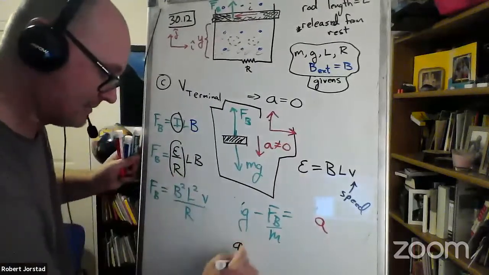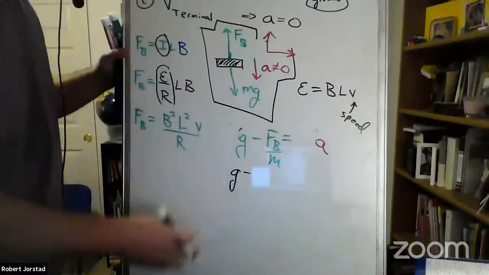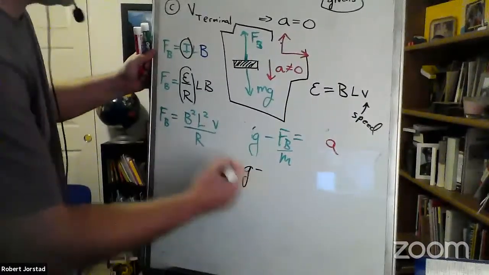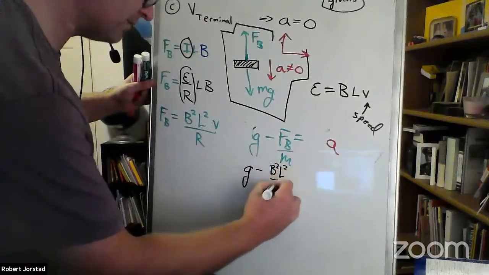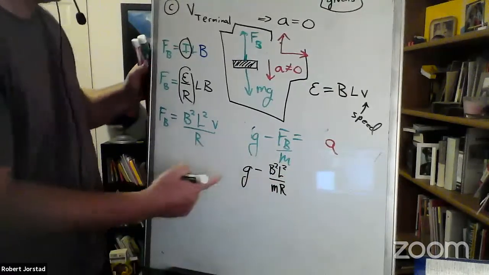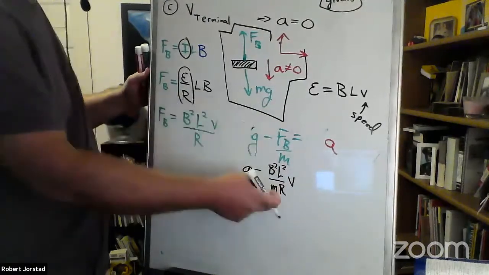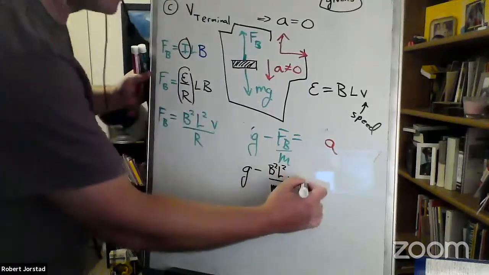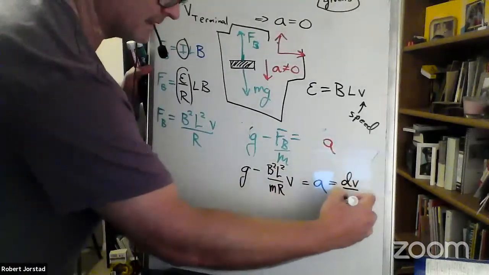So I get g minus B squared L squared V over R, divided by M, equals dV/dt.